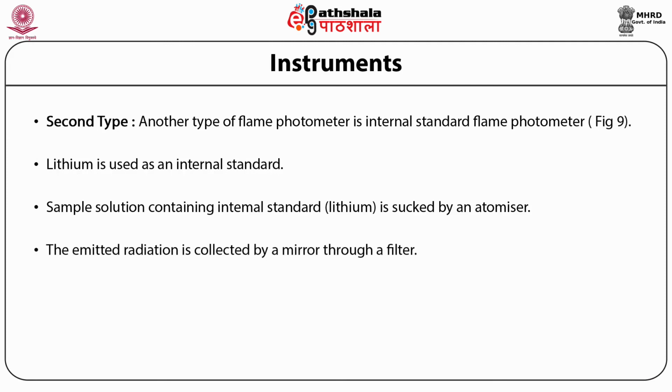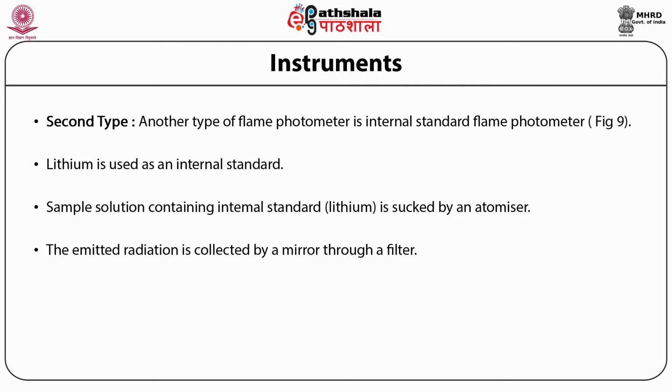The emitted radiation is collected by the mirror through a filter. The emitted radiation from the mirror is divided into two parts. Number one part arises due to the internal standard, that is lithium, whereas the second part arises due to the presence of the element to be measured.